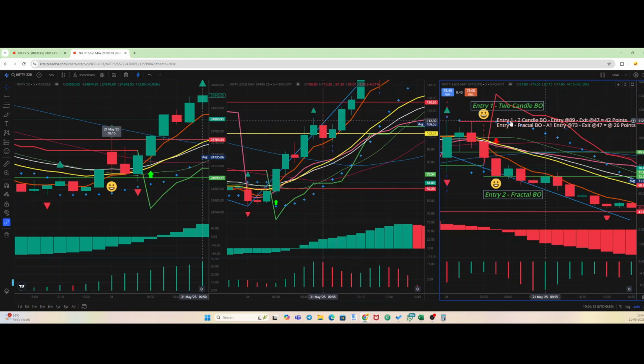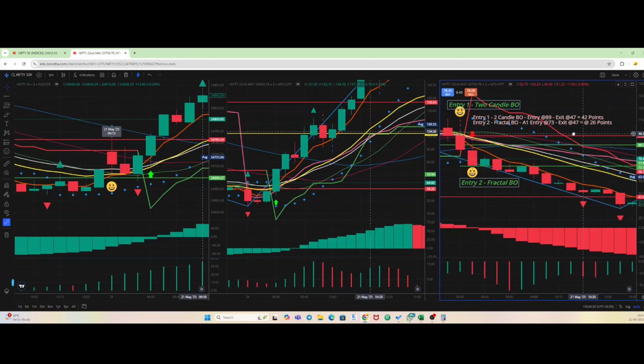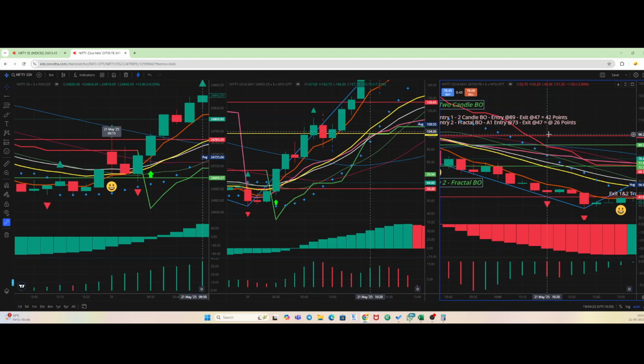And the second entry, we can see the fractal breakout, we entered at 73 and exited at 47. That means 26 points. So altogether, the average is 42 plus 26 divided by 2.